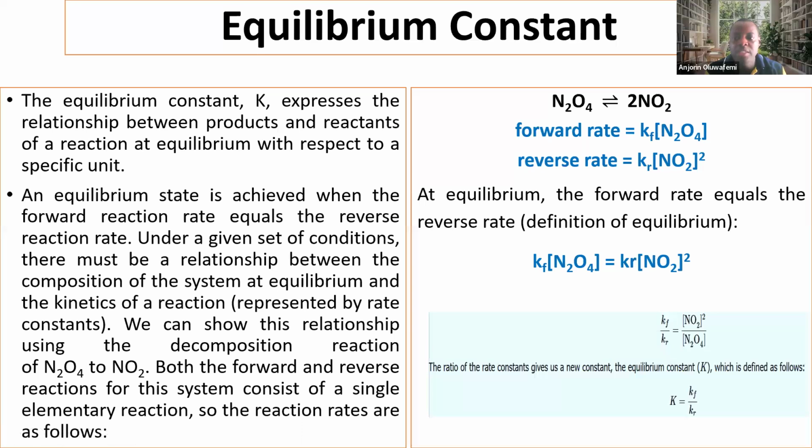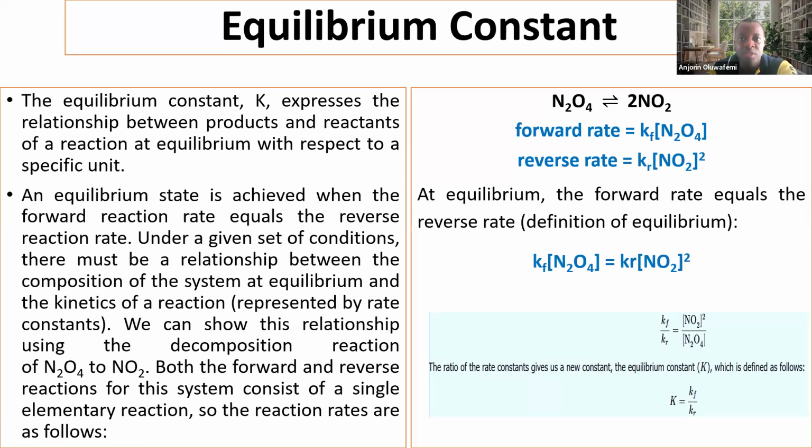Okay, so the next thing we need to look at is the equilibrium constant. The equilibrium constant, K. It expresses the relationship between products and reactants of a reaction at equilibrium with respect to a specific unit. An equilibrium state is achieved when the forward reaction rate equals the reverse reaction rate under a given set of conditions.